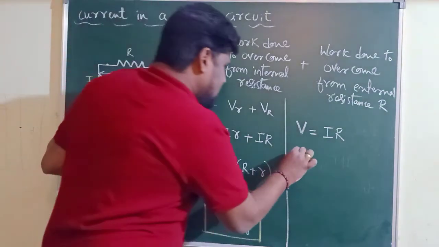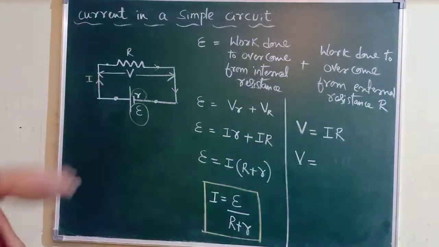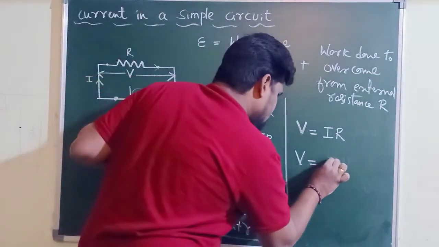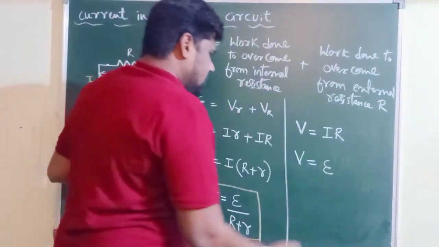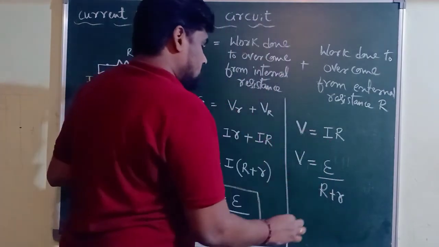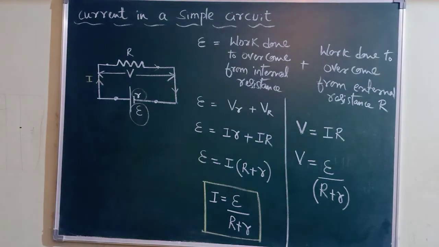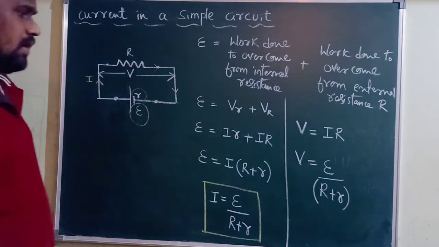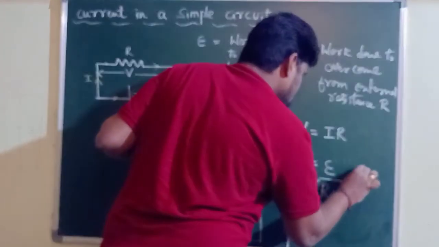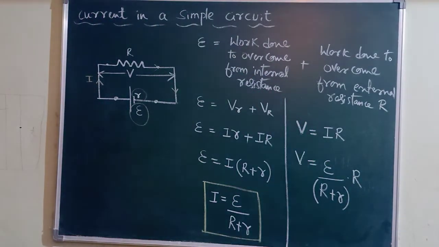Further, we already derived an expression for current, so you can substitute there. If you substitute, V is equal to E divided by capital R plus small r, into capital R.